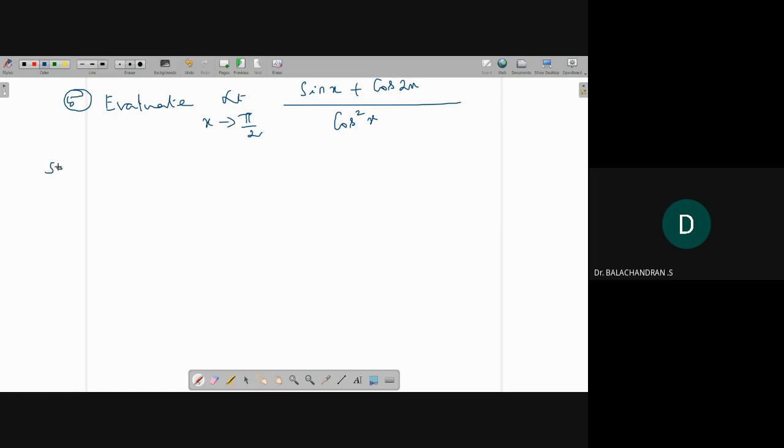So now I am going to give a substitution. Put theta equal to x minus pi by 2. When x approaches pi by 2, theta approaches what?